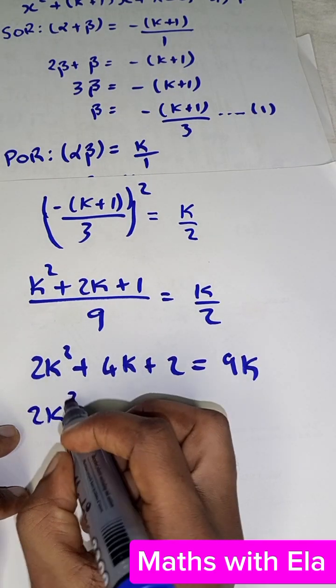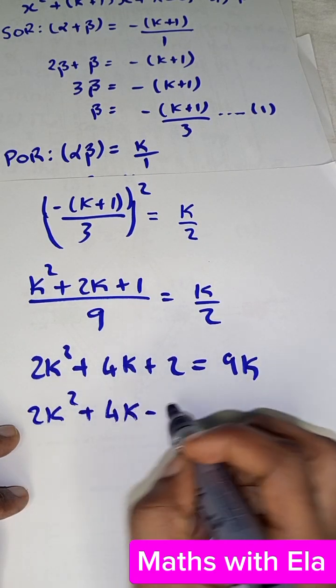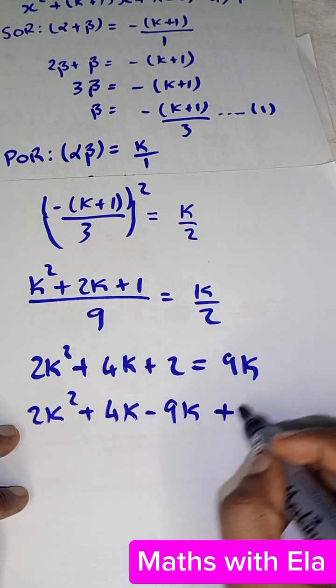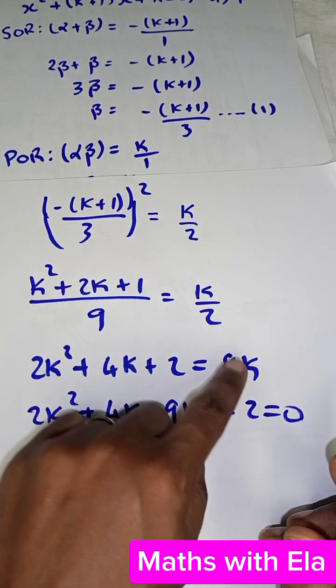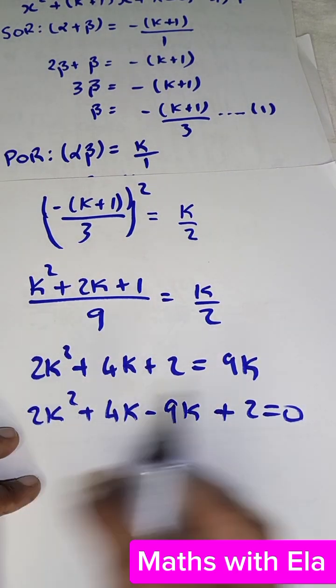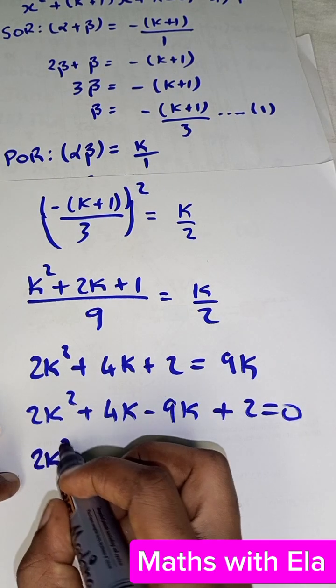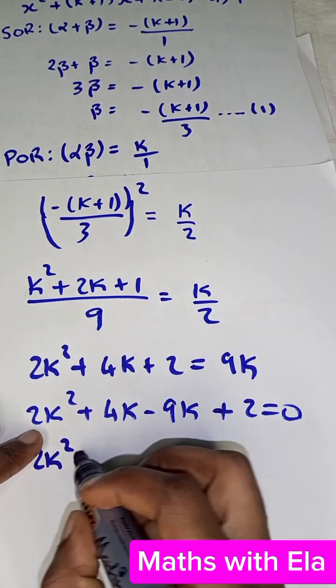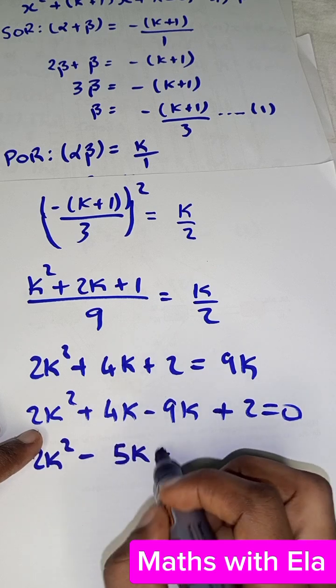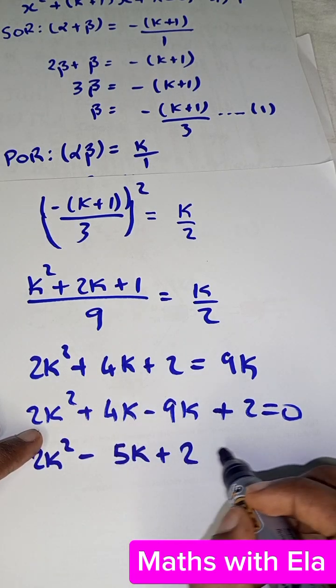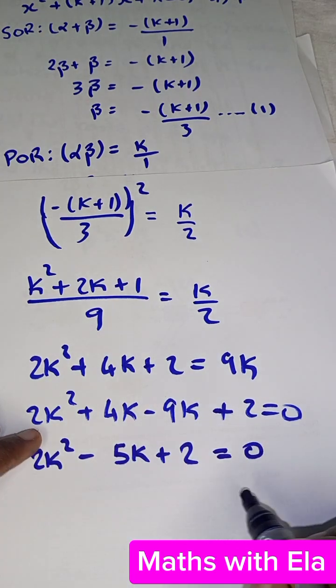So we have 2k squared plus 4k minus 9k plus 2 is equal to 0. We simply bring the 9k to the left hand side so that we are left with 0 on the right hand side. We obtain 2k squared minus 5k plus 2 is equal to 0.